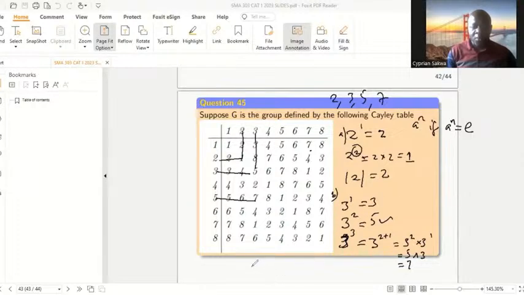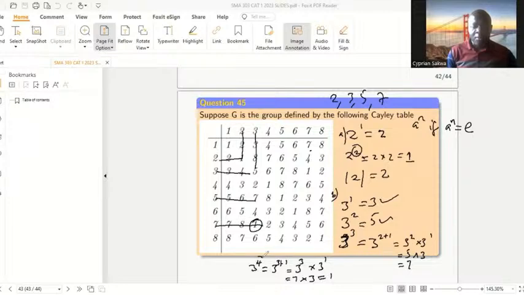We want to check 3 raised to 4. That is 3 raised to 3 times 3 raised to 1. But 3 raised to 3 is 7, and 3 raised to 1 is 3. So this is 7 times 3, which is 1.